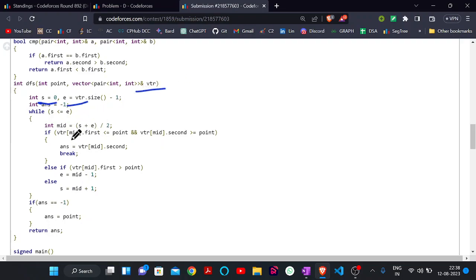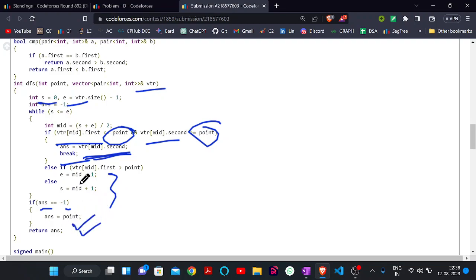If anywhere we find that our point is lying in a segment, then our final answer will be the second value of this segment, and we will break out from there. Otherwise, we are going to move in our desired direction. Now, if we have not found any segment, then the answer for this one will be the point itself. Why? Because we cannot teleport from that point. Otherwise, this will be our answer.